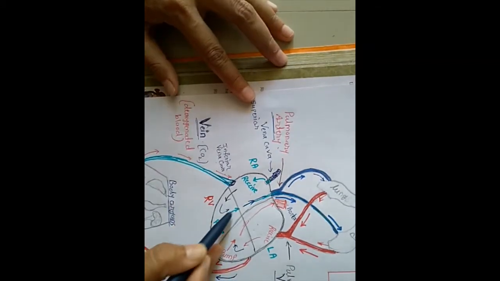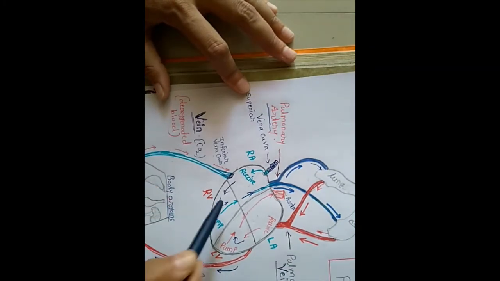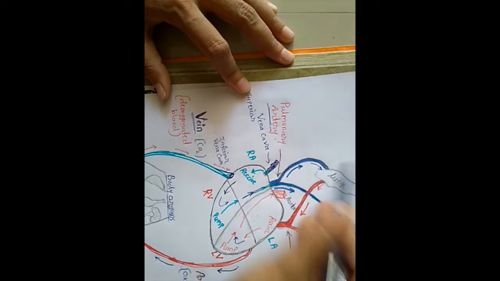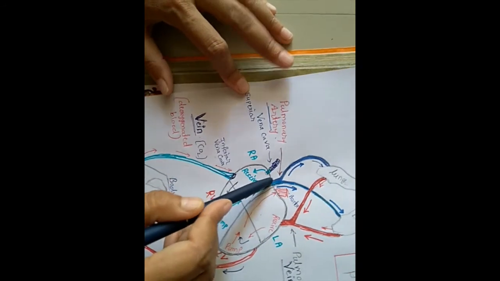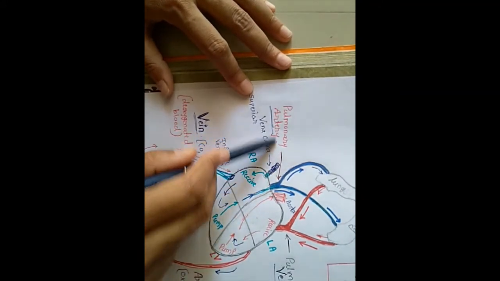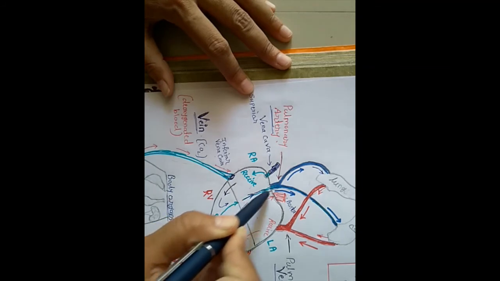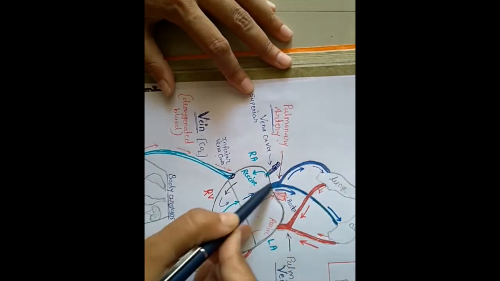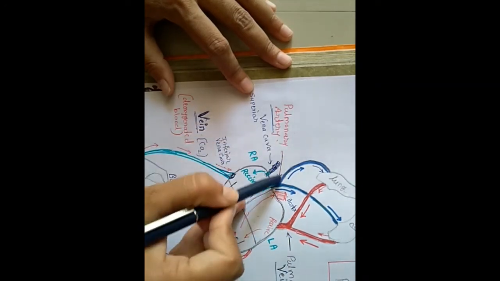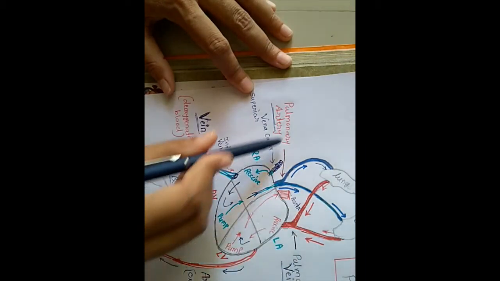And the rule is that blood flowing from the heart towards the organs is carried by a blood vessel known as an artery. Here we can see the blood flow from the right ventricle towards the lungs through that artery. As it flows from the heart towards the lungs, that's why it is known as the pulmonary artery.